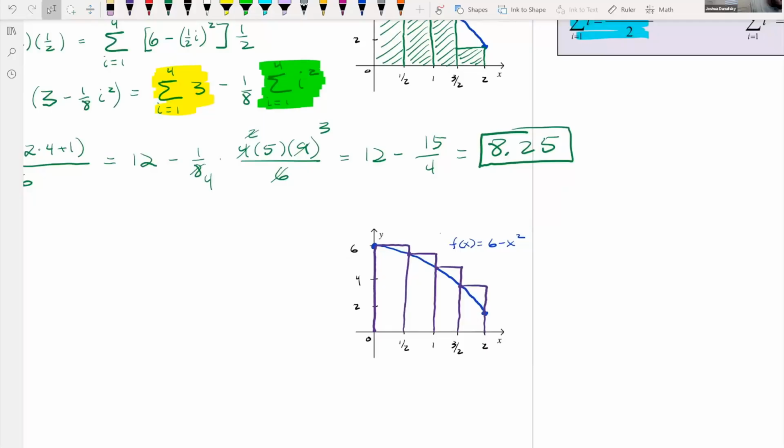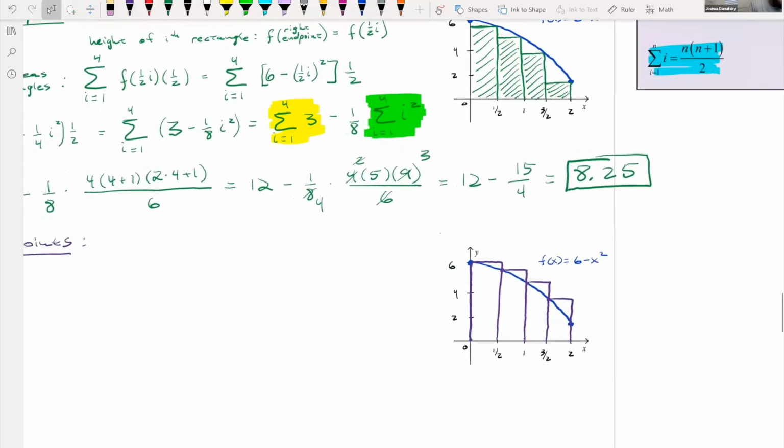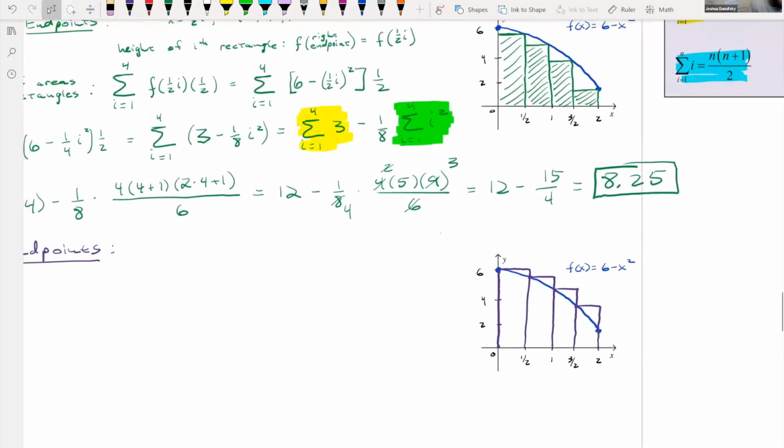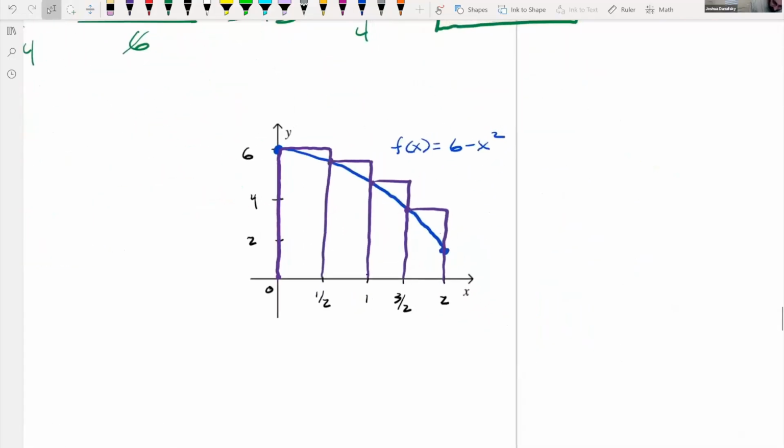Okay, now let's think about how we're going to actually find these left endpoints. So we want left endpoints that are going to start right there. And we have to include I because I is counting our rectangles. So if we start with an x value of 0, right?